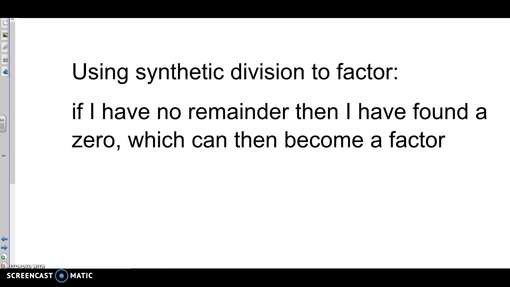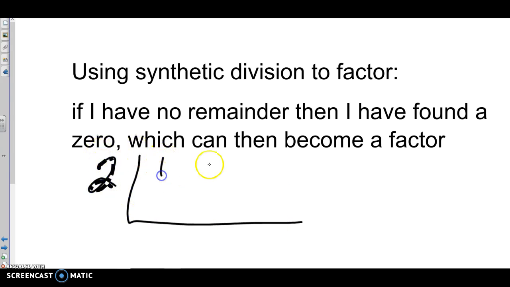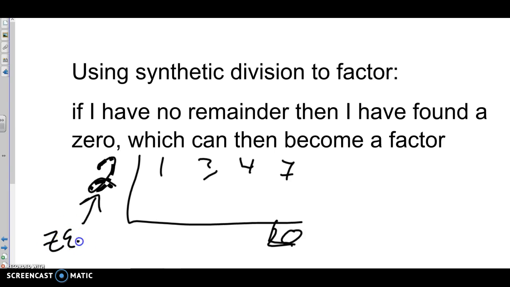So let's say I was dividing by 2, and just random numbers that mean nothing. I ended up with 0 remainder. That means that this 2 is a 0, which means that x equals 2.